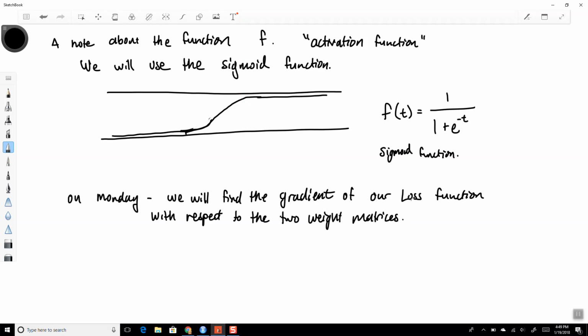Hang on, you guys are packing up. You can pack up, but just be quiet. So we're going to find the gradient of our loss function with respect to the two weight matrices.